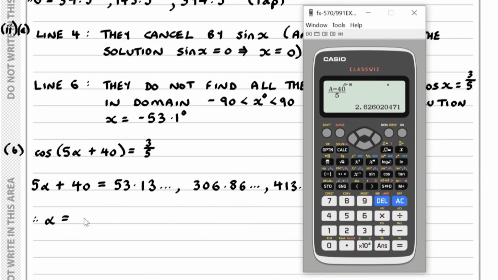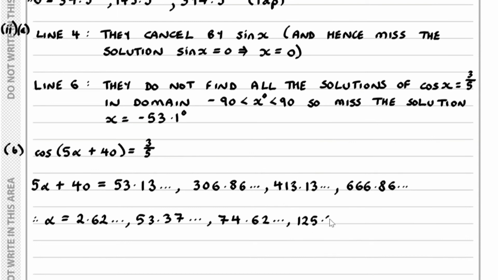The first angle is 2.62, etc. The next one we have 53.37, etc. The next one, we have 74.62, etc. And the final one, we get 125.37, etc. We have here alpha 1, alpha 2, alpha 3, and alpha 4.